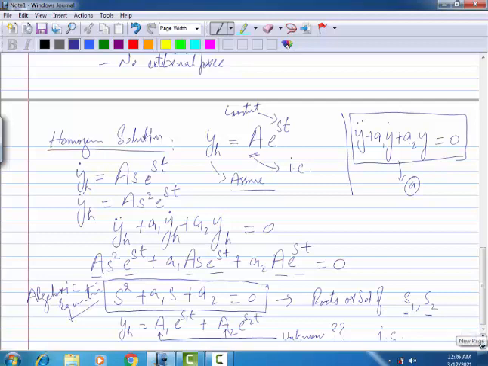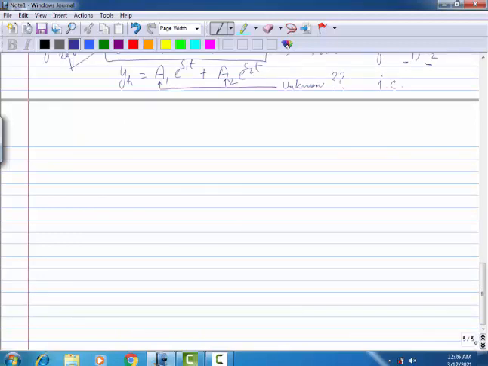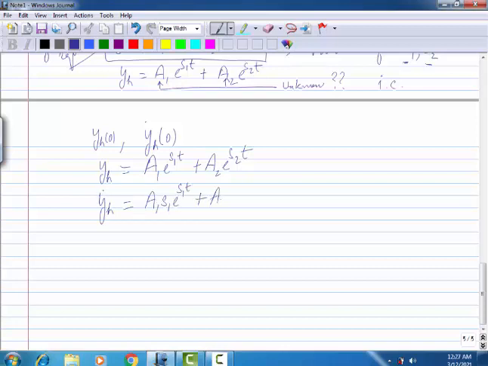Now, how do I use the initial conditions? Assume you have the initial conditions given to you as y_h of 0 and y_h dot of 0. You just plug in, because you know that y_h is equal to a1 e^(s1 t) plus a2 e^(s2 t), so I can write y_h dot equal to a1 s1 e^(s1 t) plus a2 s2 e^(s2 t).